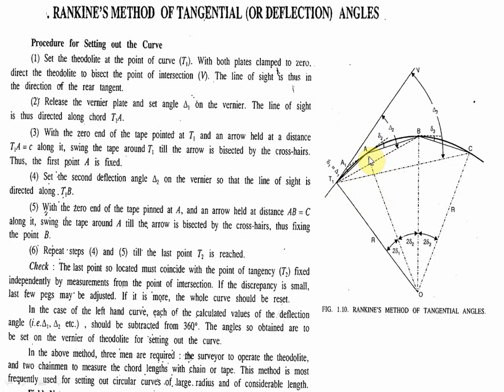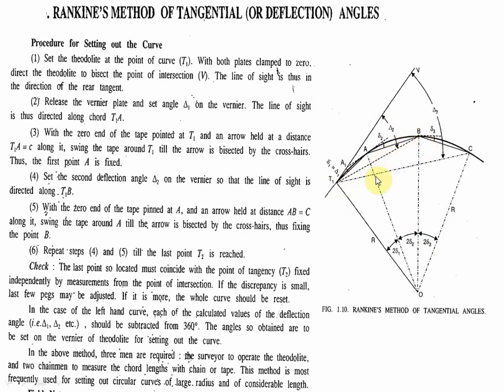Clear? Next, set the second deflection angle delta 2. Again from here, set that second deflection angle delta 2 on the vernier, so that the line of sight is directed along T1B.